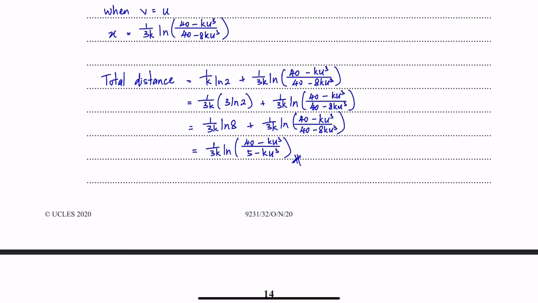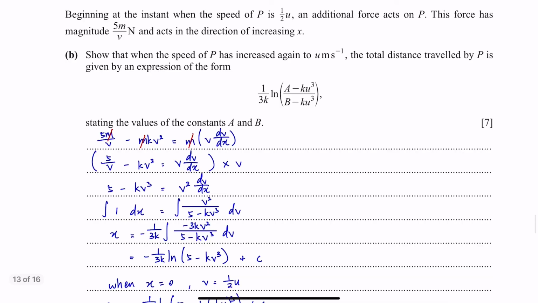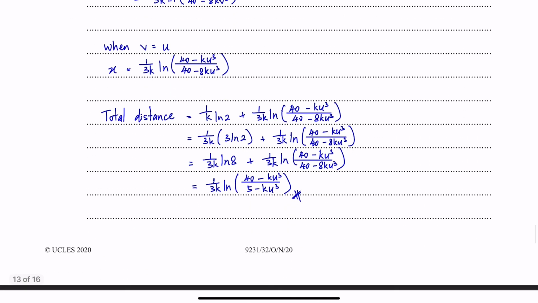And we are done. It's exactly like what the question wants. So a would be 40 and b would be 5.